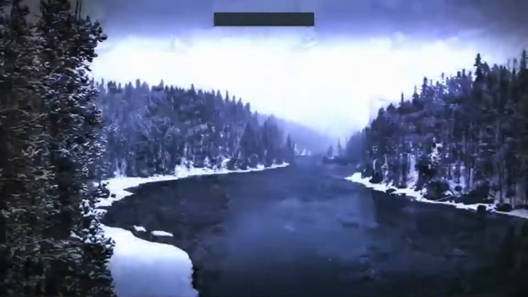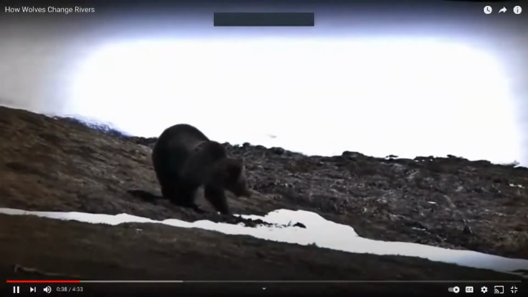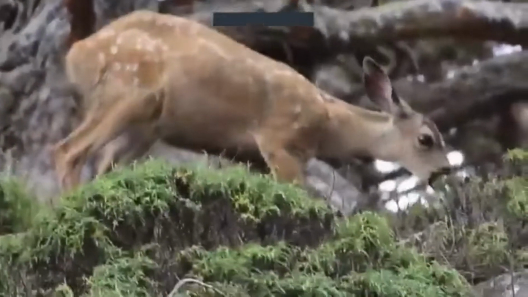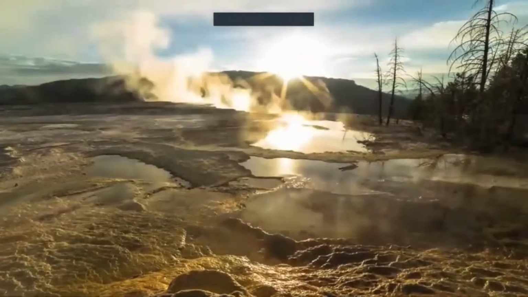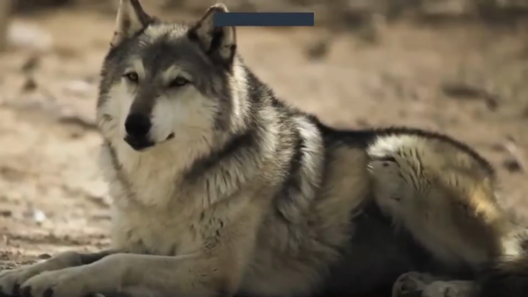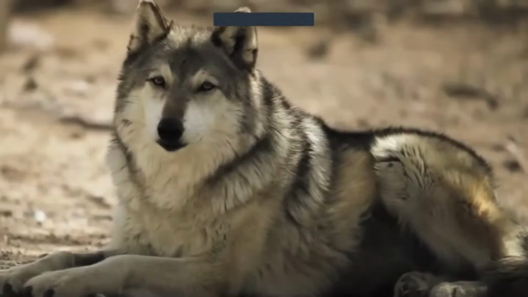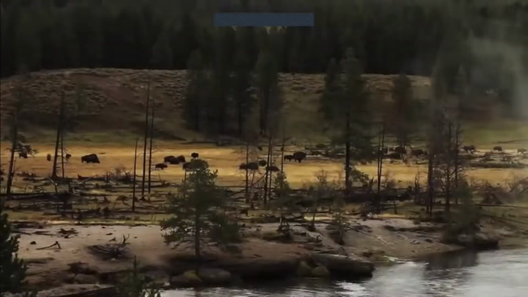A trophic cascade is an ecological process which starts at the top of the food chain and tumbles all the way down to the bottom. And the classic example is what happened in Yellowstone National Park in the United States when wolves were reintroduced in 1995. Now, we all know that wolves kill various species of animals, but perhaps we're slightly less aware that they give life to many others.